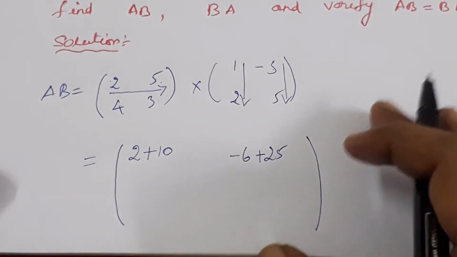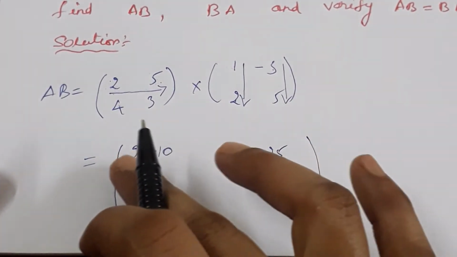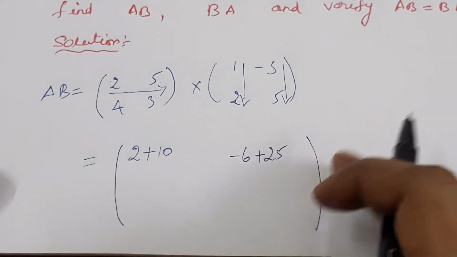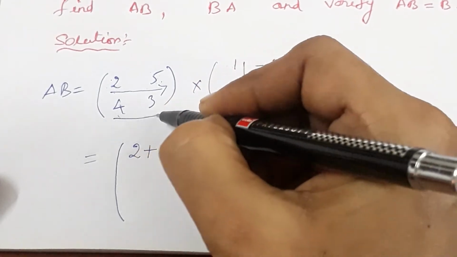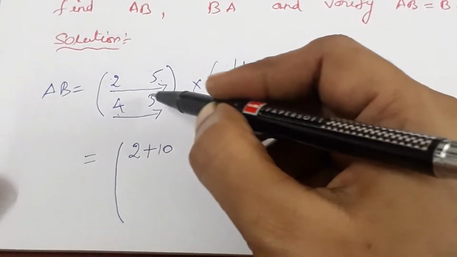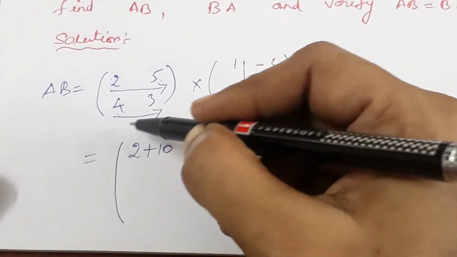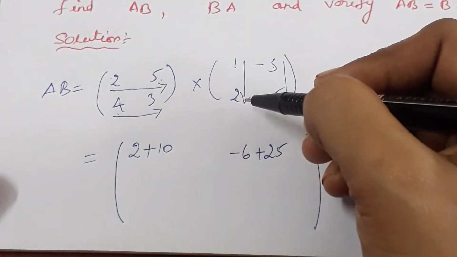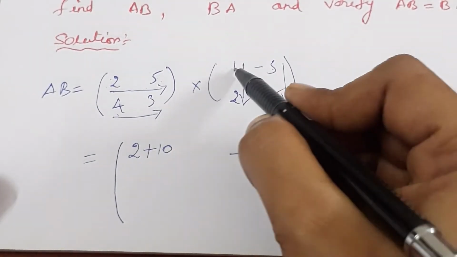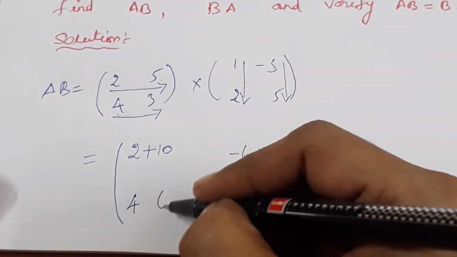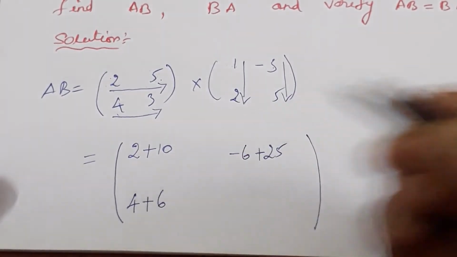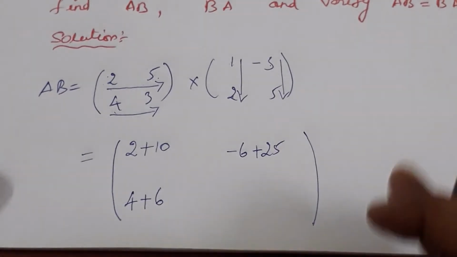So we have completed the first row of the product matrix, and then come to the second row. Take the second row and multiply it by the first column. 4 into 1 is 4, and then 3 2s are 6. In between these two numbers put a plus sign.